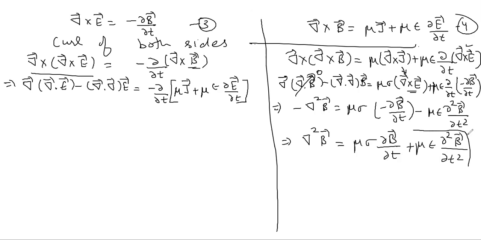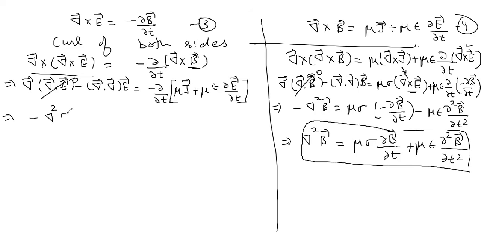Now this is the second order differential equation which has only the magnetic field here. There is no electric field present in this case. Let's talk about this equation also. Del dot E is equal to 0 in the conducting medium. You have minus del square E equals minus mu, take out J, which is nothing but sigma times E, curly by curly T, minus mu epsilon curly square E by curly T square.